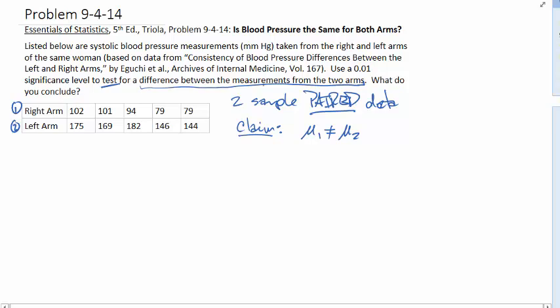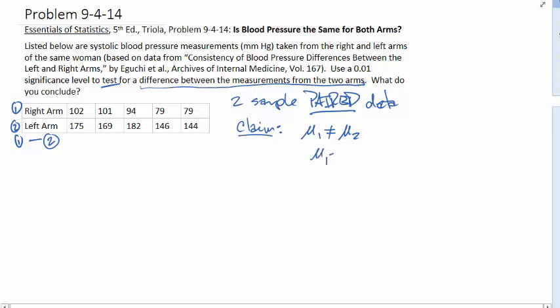Now, what we're interested in doing is combining this and pairing up the data. So we can subtract them, population 1 minus population 2. Let's see if we can write that neater. And so if we do the subtraction, let's subtract mu2 from both sides.